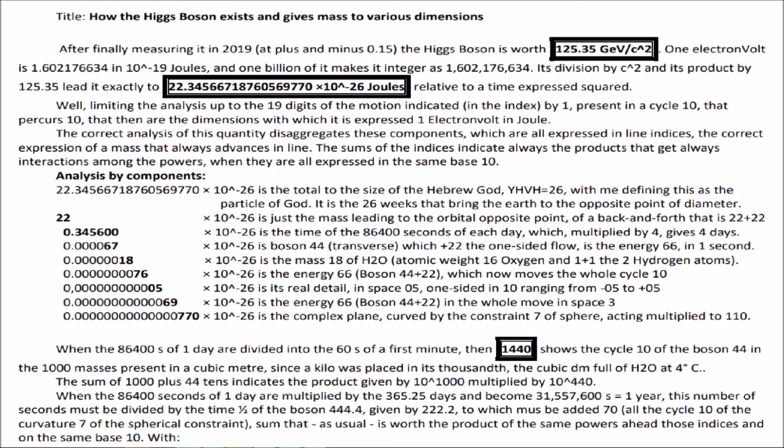After finally measuring it in 2019, at plus and minus 0.15, the Higgs boson is worth 125.35 GeV/c². 1 electron volt is 1.602176634 times 10⁻¹⁹ joules, and 1 billion of it makes it integer as 1,602,176,634.